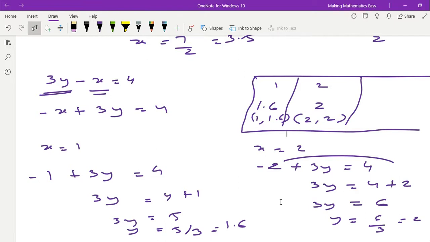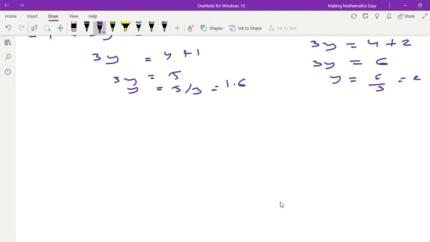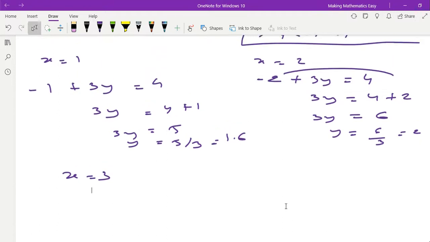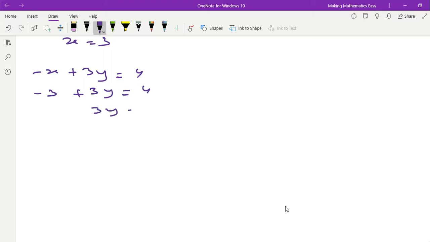Okay. Now let's take x as 3. Minus x plus 3y is 4. So this is minus 3, plus 3y is equal to 4.